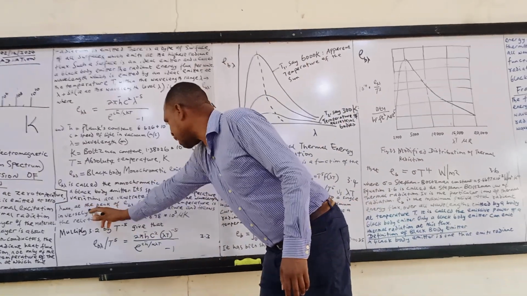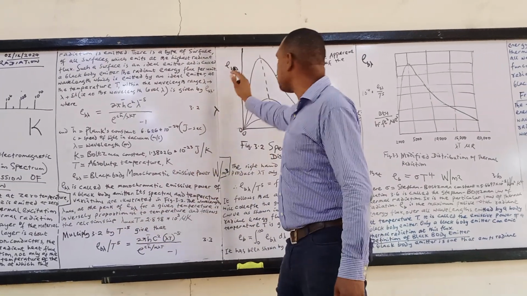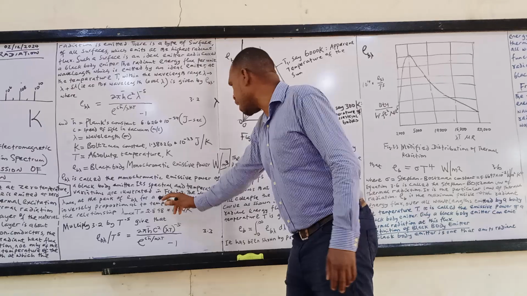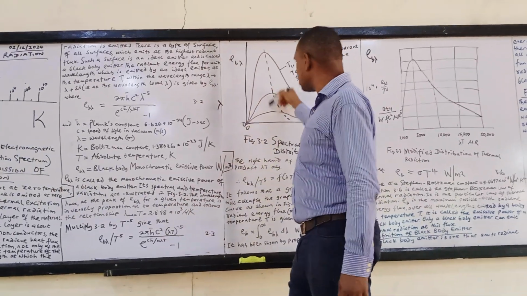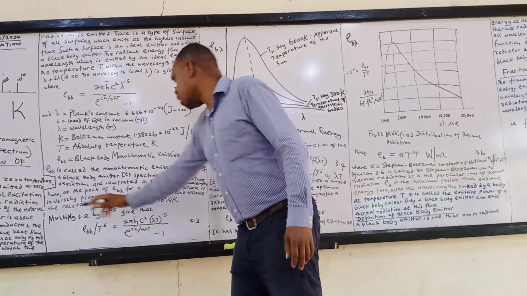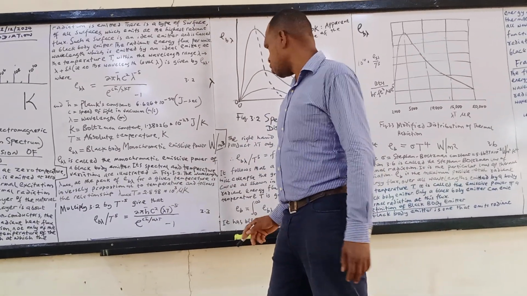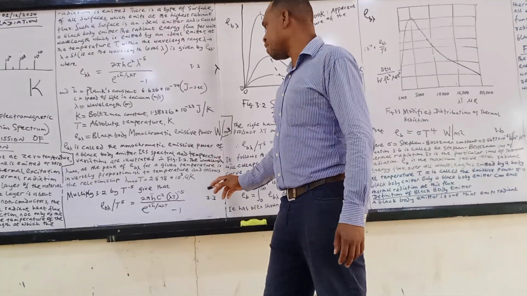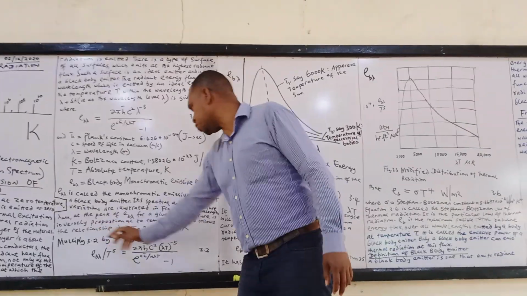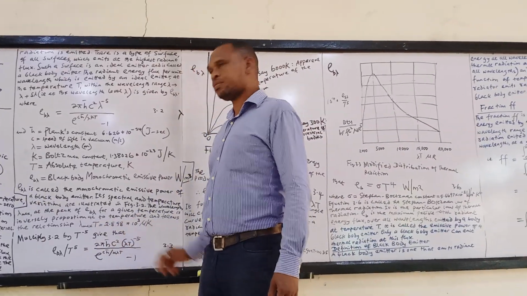The wavelength lambda max at the peak of E_b lambda, for a given temperature, is inversely proportional to temperature, and it follows the relationship lambda max equal to that.